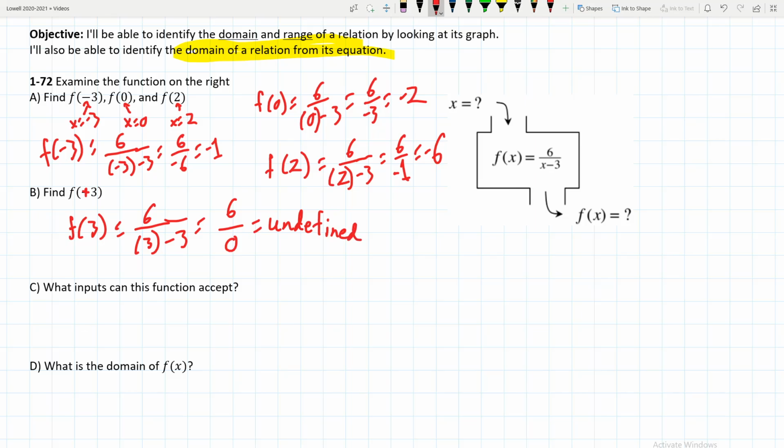And so what happens here? Well, we've seen examples of this where once you plug in x equals +3, sorry, I keep getting mixed up, +3, it doesn't work. It's undefined.